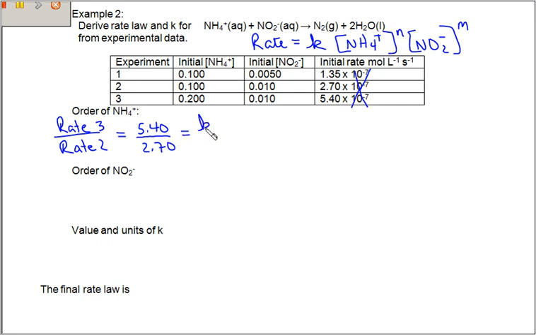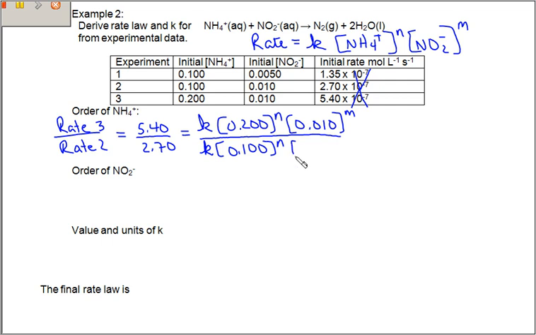equals K, and we're going to do the larger one first, so we'll have 0.200 to the N times 0.010 to the M. We're going to divide by the second one, same value for K, and we're going to have 0.100 to the N and 0.010 to the M. Notice that our K's will cancel and that these will cancel.